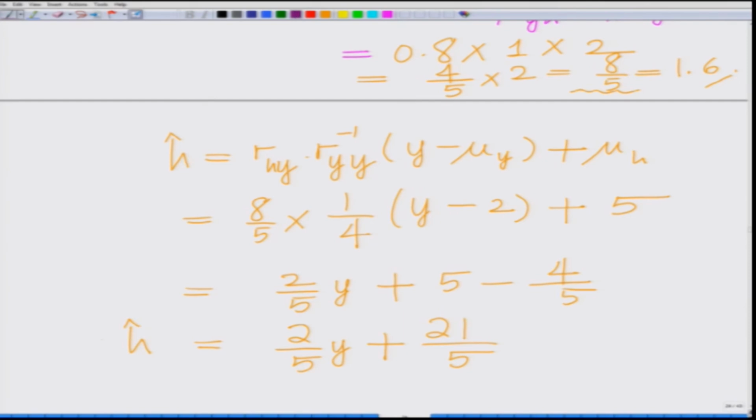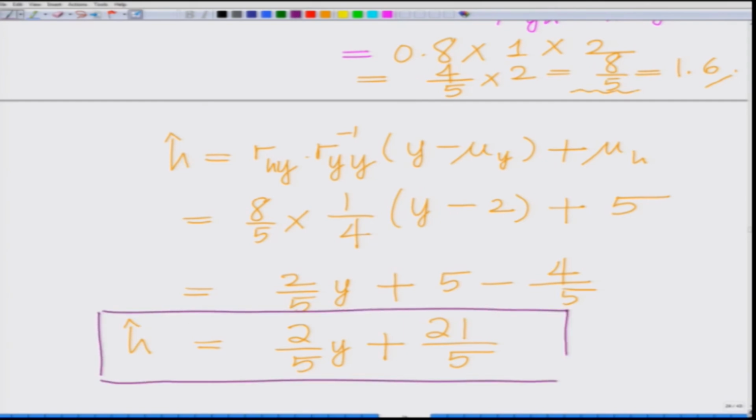This is your MMSE estimate of the parameter h.